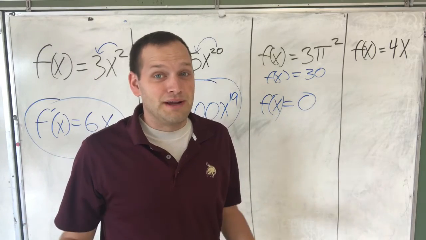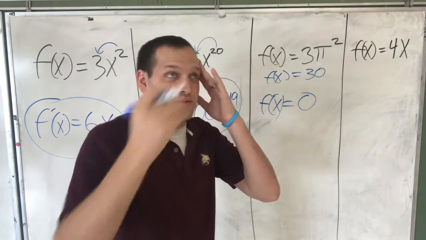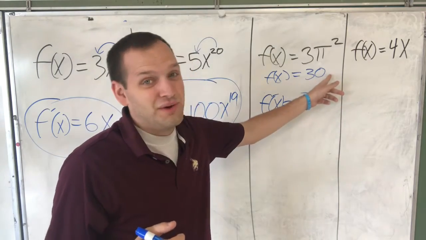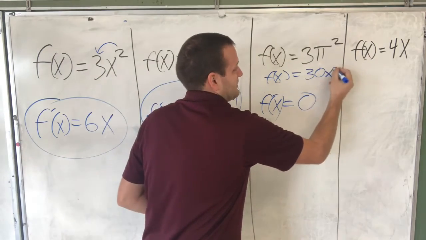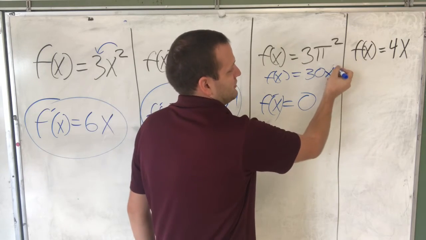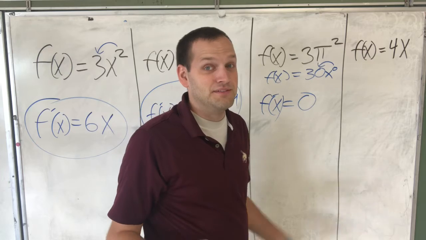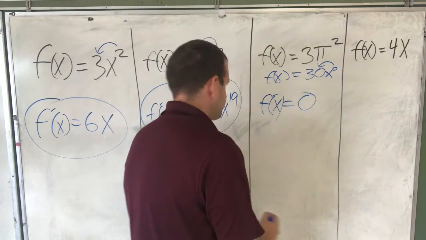Now, if we remember back, you have to subtract 1 from the exponent. From the exponent of x. Since there's no x here, it's technically x to the 0. Well, you do 0 times 30. What's 0 times 30? It's 0, okay?